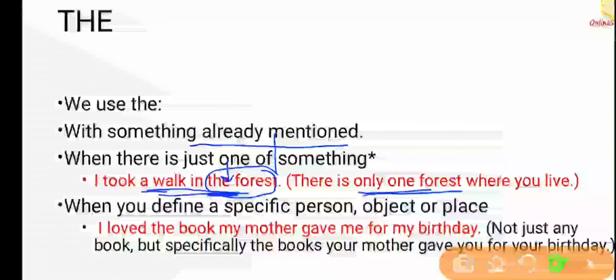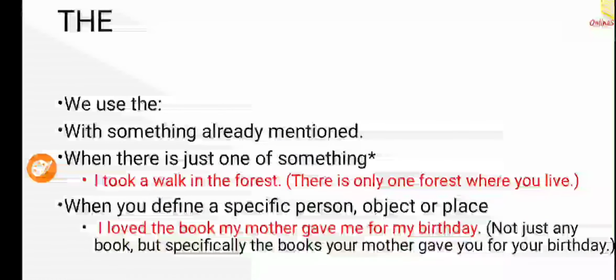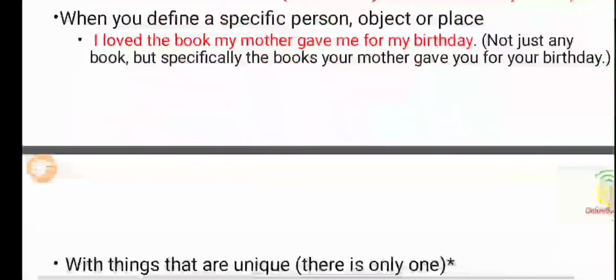Also, when you define a specific person, object, or place, we use the with this. Here, I loved the book my mother gave me for my birthday. I have used the before book because I am talking about one particular book, not just any book, but specifically the book your mother gave you for your birthday. So here the mention is of something particular, something specific.